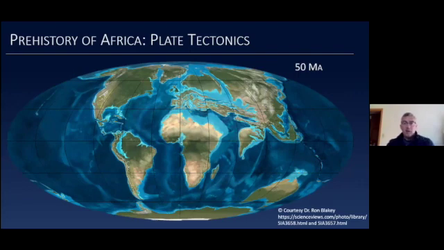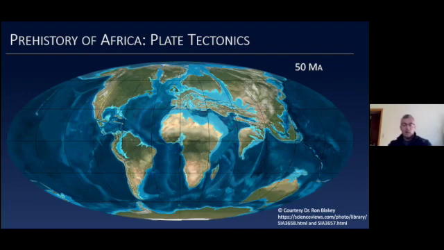As a paleoanthropologist, when I think about Africa, the first thing I think about is the prehistory, the natural history of Africa as a continent. Many of you know that the continents shift around over time. If you look at this snapshot from 50 million years ago, you can see that Africa is actually an island isolated by itself in the middle of the oceans.